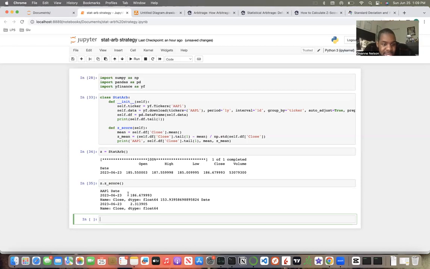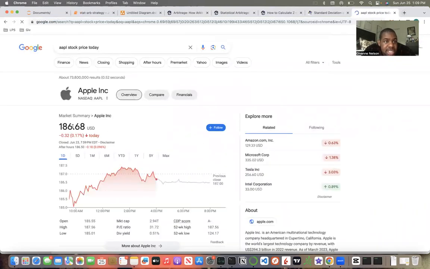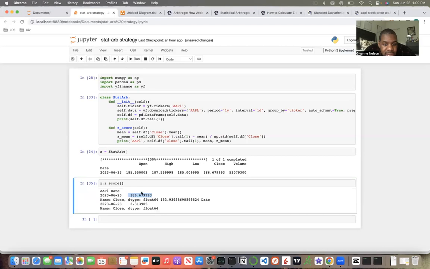All right, so this is the current value of Apple towards the close, which we can look at now. 186, cool. Yep. The mean is supposed to be 153.